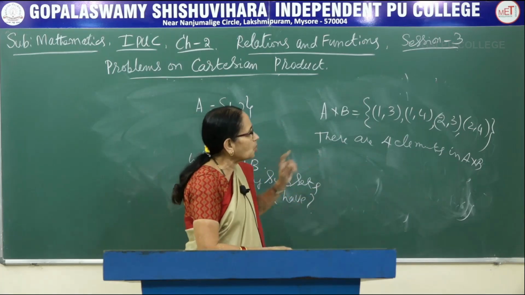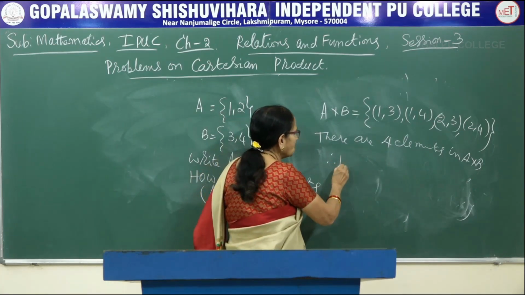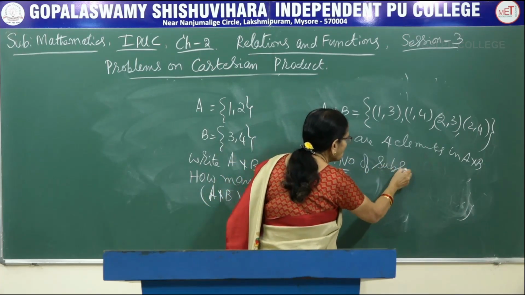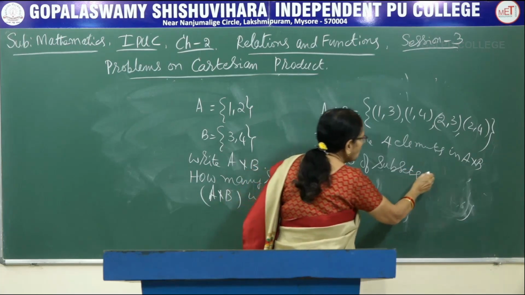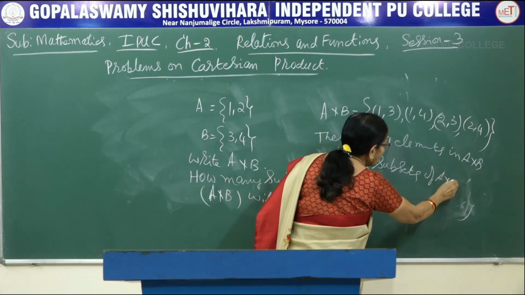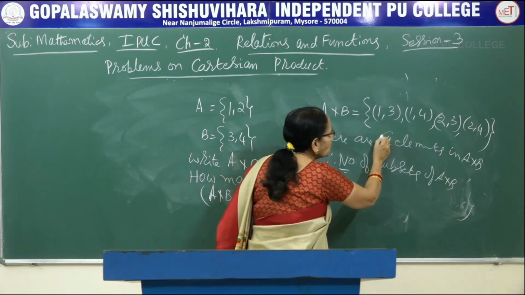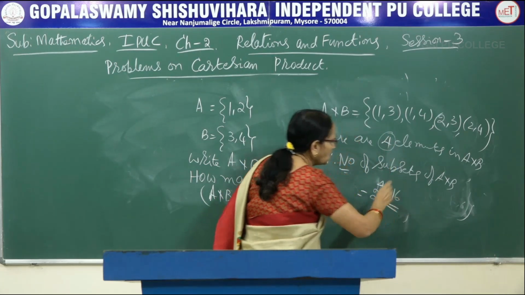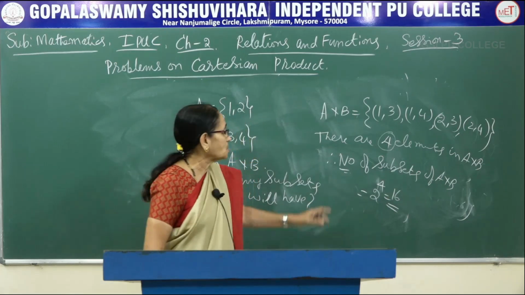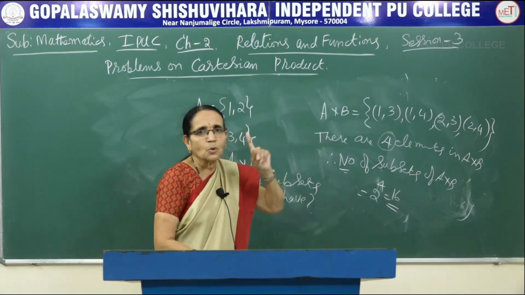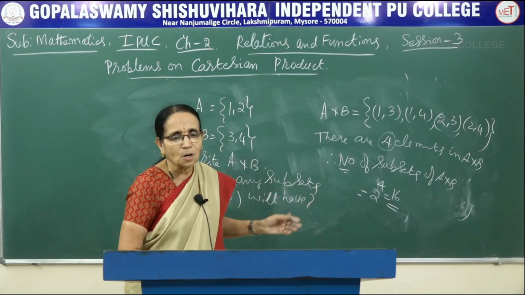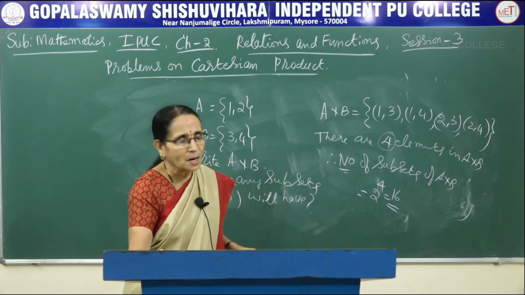So here there are 4 elements, which means the number of subsets of A cross B is 2 to the power 4, that would be equal to 16. If they have asked you to write A cross B, that is 1 mark, and then to write the number of subsets of A cross B, you get the remaining mark.